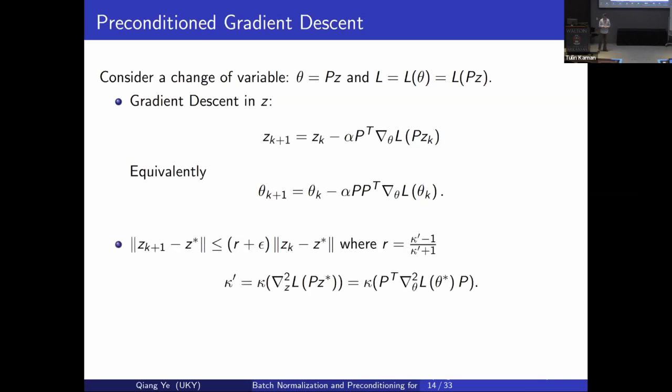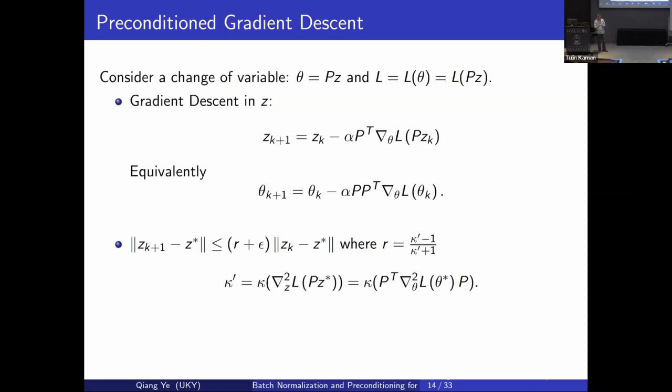now with this transformation, the rate of convergence changes to this, where kappa prime is the condition number of the Hessian with respect to the variable z.